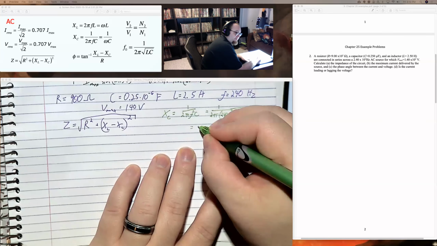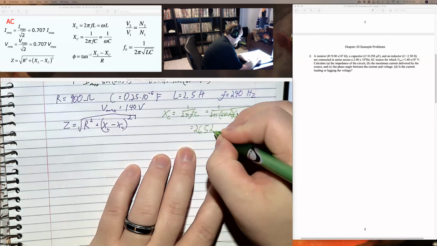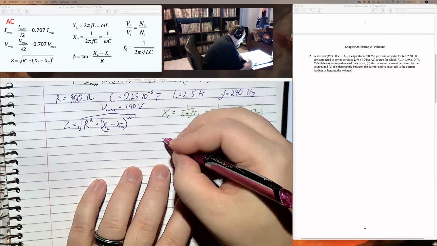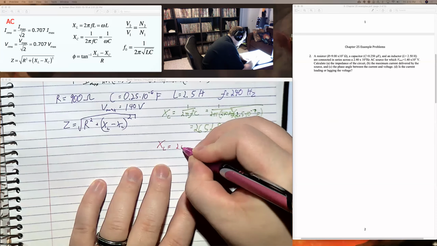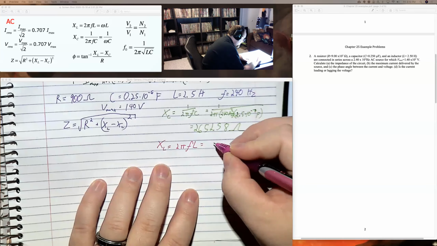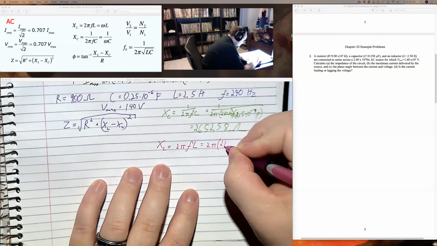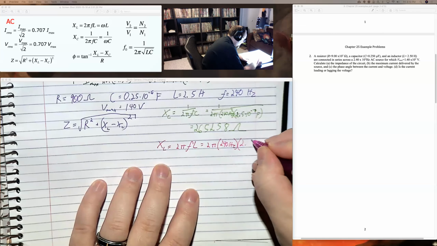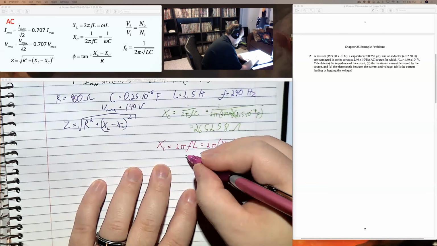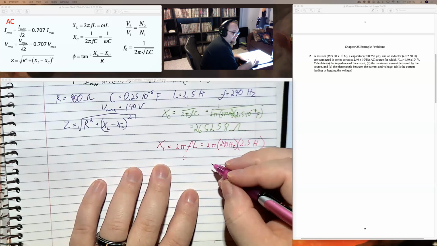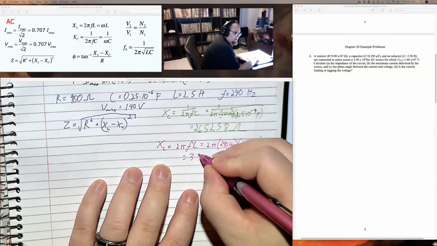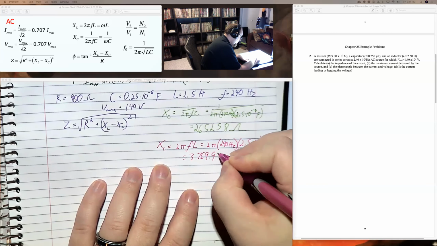And that'll give a value. XL is 2 pi FL. So it's 2 pi times 240 hertz times the inductance, 2.5 henries, which doing that math gives me 3769.91 ohms.